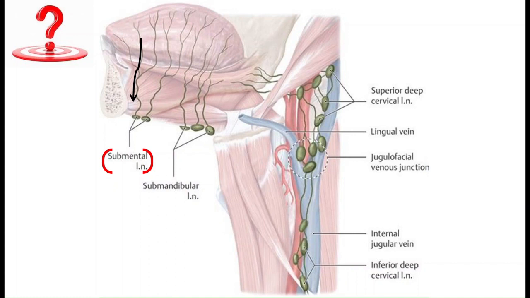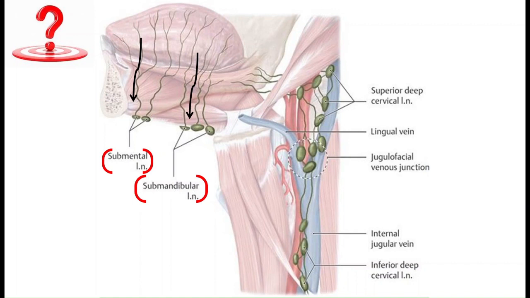They are in the submental triangle, the most anterior triangle of the neck. Then the middle part of the tongue and the mouth, when there is a microbe or a bad cell, these will drain into the submandibular lymph nodes.